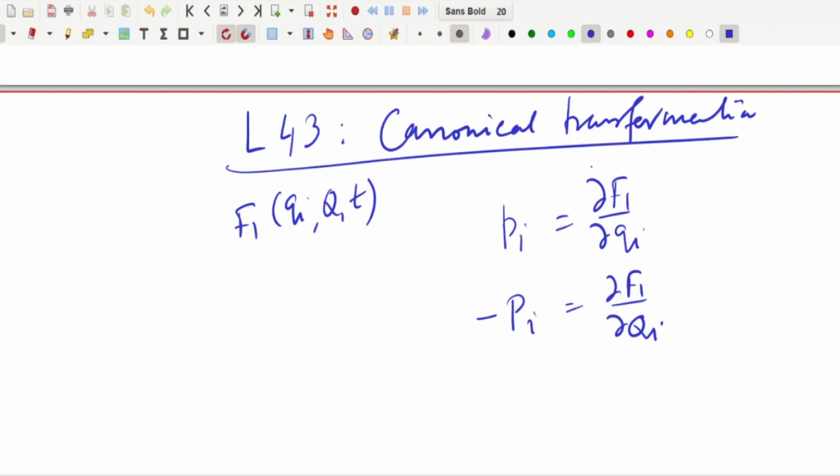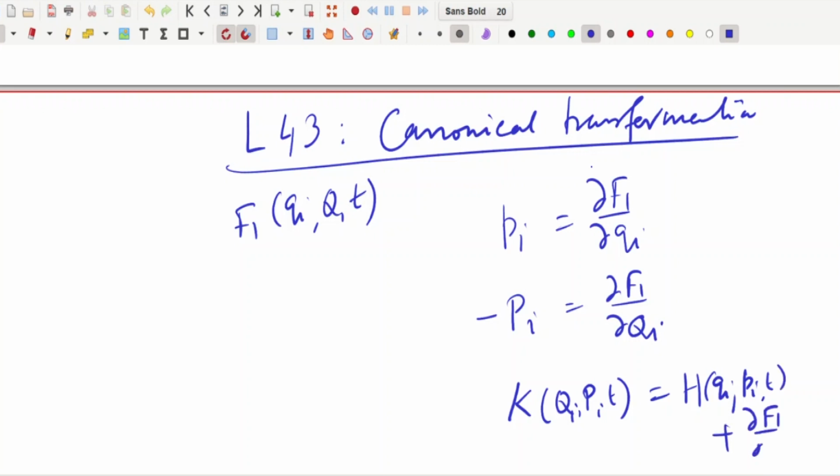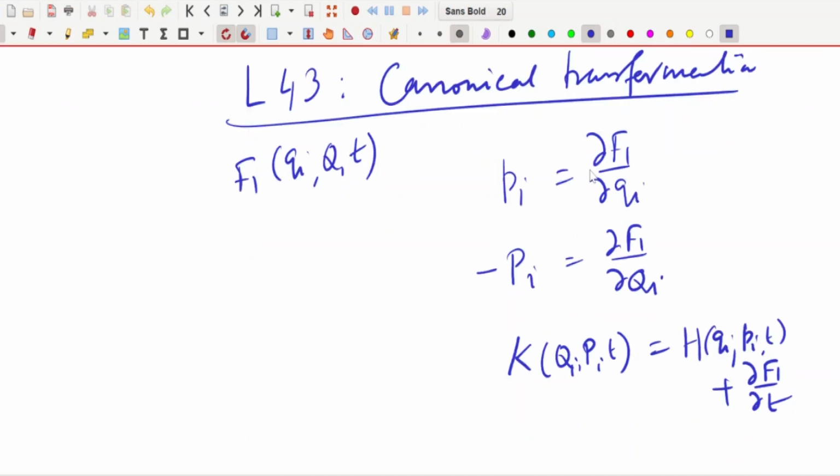So F1 is a function of q_i and Q_i, and the new Hamiltonian K and the old Hamiltonian H will be related by K, which is a function of the new canonical variables Q_i, P_i, equal to H, which is a function of q_i, p_i and t, plus ∂F1/∂t. Okay, so this will be a canonical transformation.